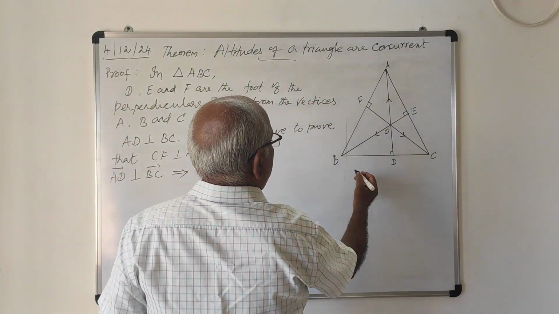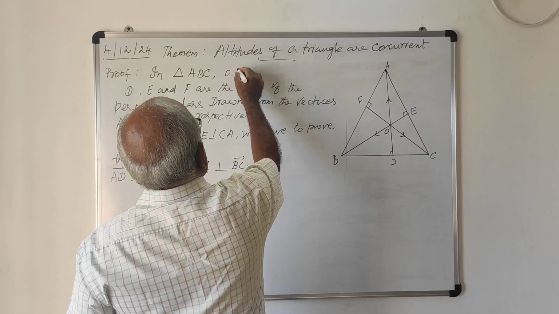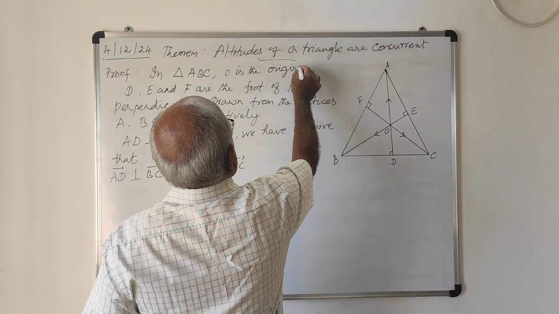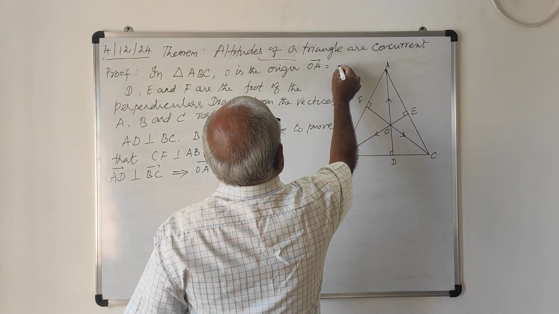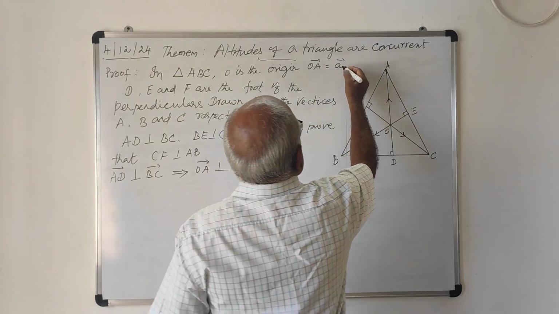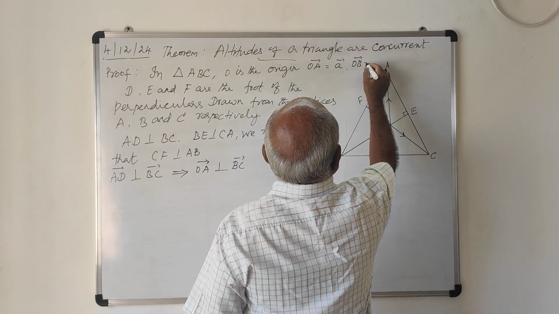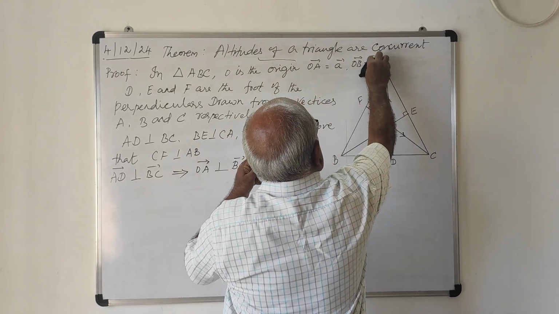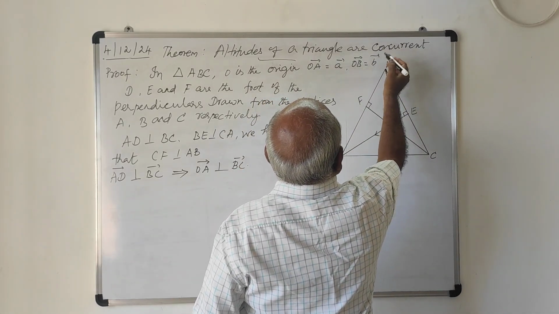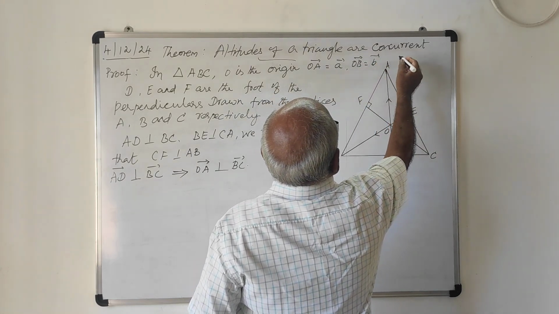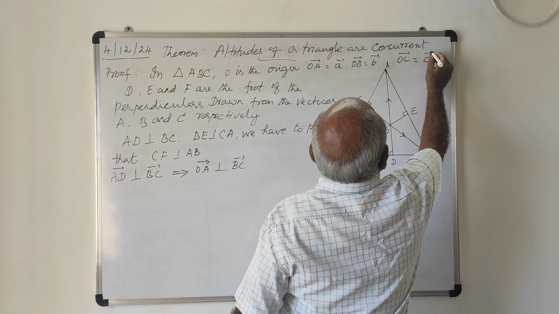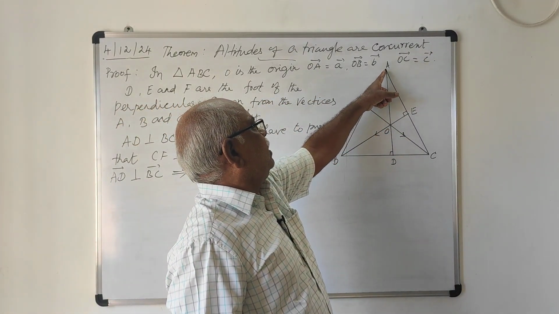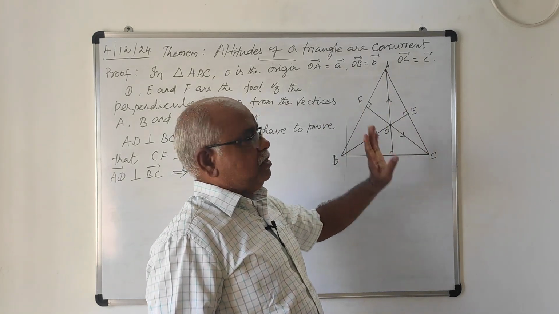The position vector of the vertex A is OA, vector A, and OB is vector B. Similarly, OC is vector C.